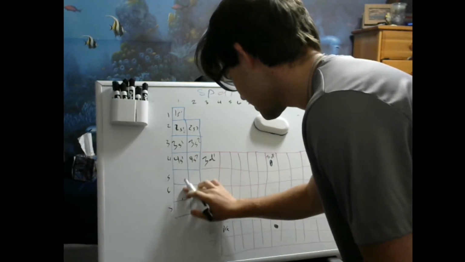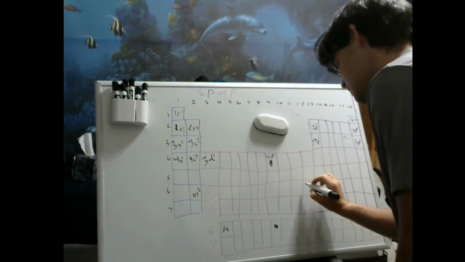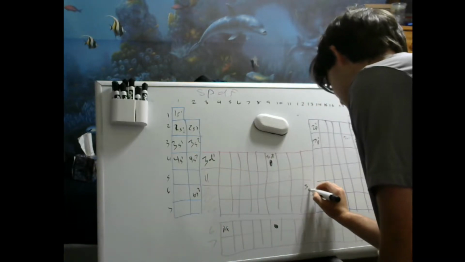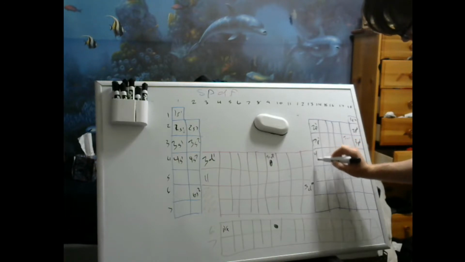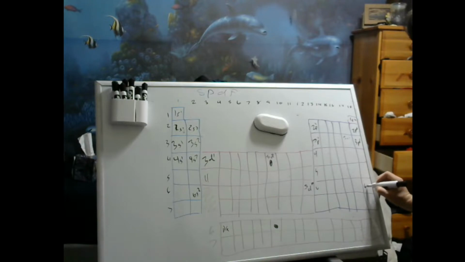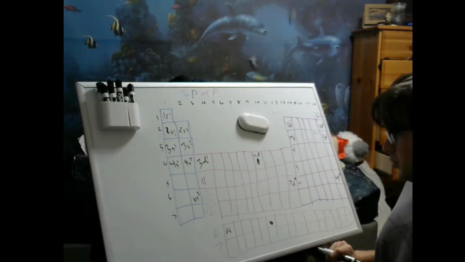I'm just going to do it how you actually would do it. 6S2, 3, 4, 5, D10, 3, 4, 5, 6, 6P6, and then we go, hold on.